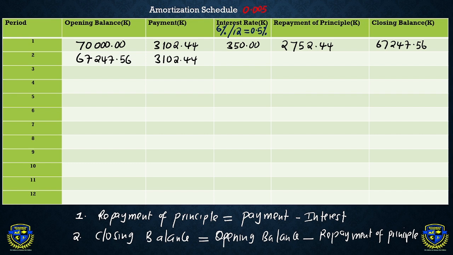That is going to be 336.24. When you subtract this value from the payment, it's supposed to give us the repayment of principal, which in this case is going to be 2,766.20.